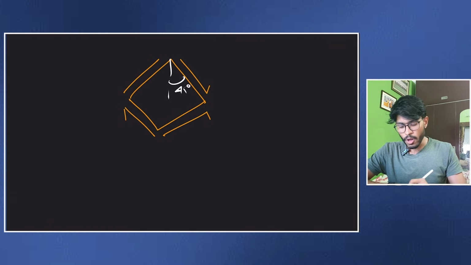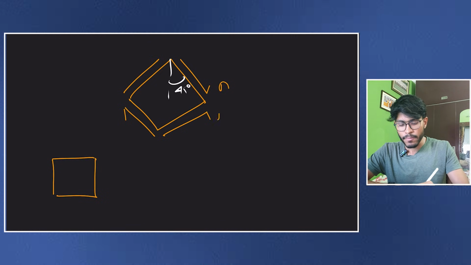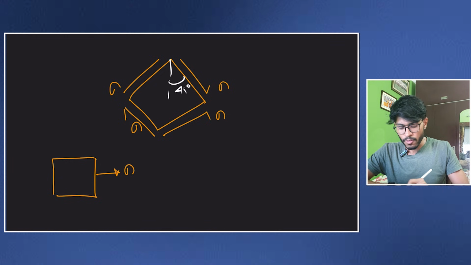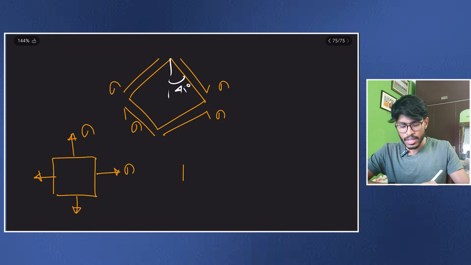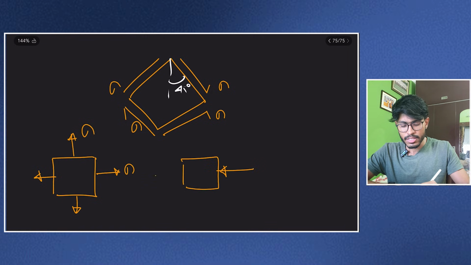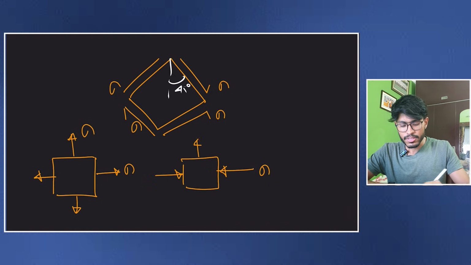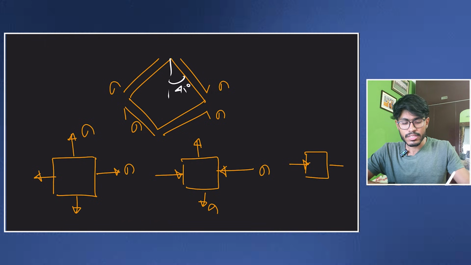If this was sigma, then the 4 options were something like this, and again this, and again anything like this.